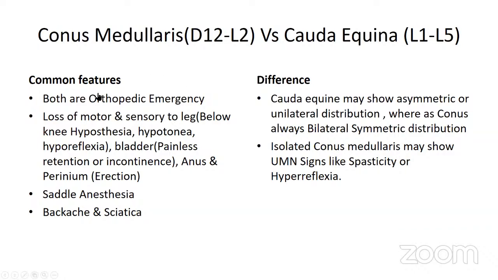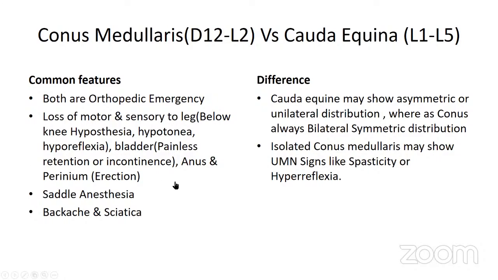Common features of both: they are orthopedic emergencies. There is loss of motor and sensory function to the leg, below-knee hypoesthesia, hypotonia, and hyporeflexia. Bladder involvement, that is painless retention or incontinence. There is anal involvement, with fecal incontinence, and also perineal problems, such as an erection problem.